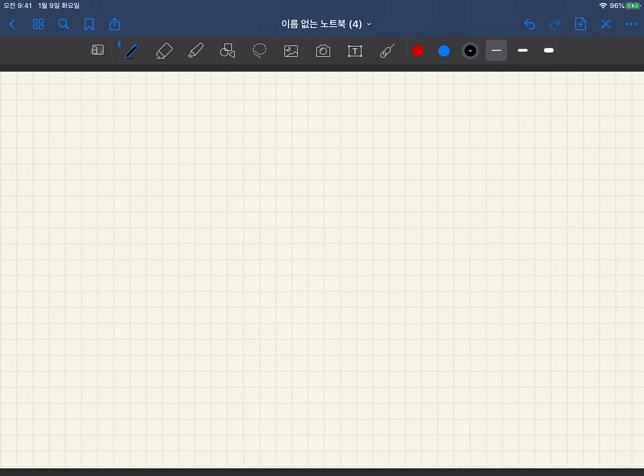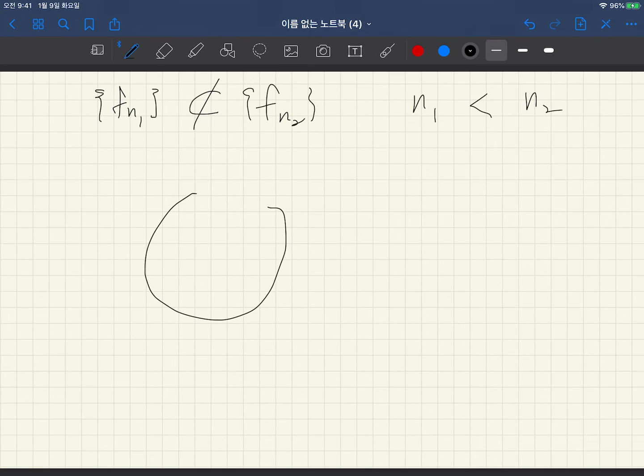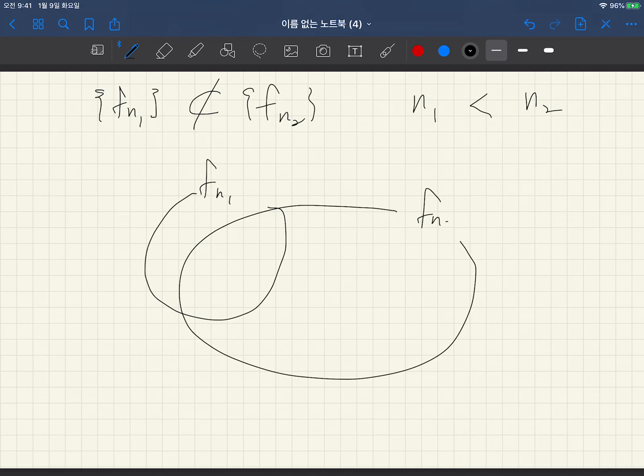Right. The third condition is the case where your function class with n1 parameters is not a subset of the function class with n2 parameters, with n1 less than n2. In this case, when you draw the Venn diagram for the function class Fn1 and function class Fn2, there is some component which belongs to Fn1 but not to Fn2.